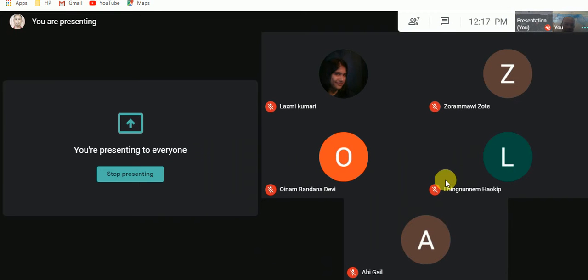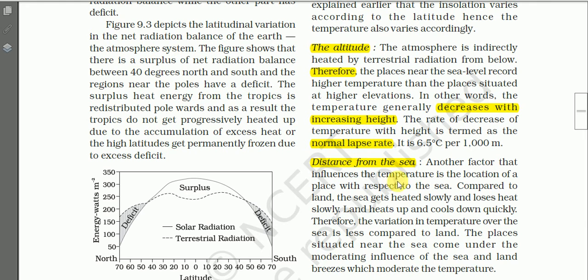So any question regarding altitude as a factor? Remember, temperature decreases with increasing height at a rate of 1 degree Celsius for every 165 meters of ascent, and this rate is known as the normal lapse rate.